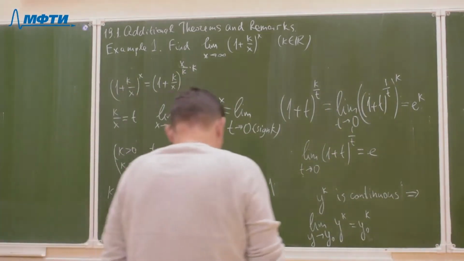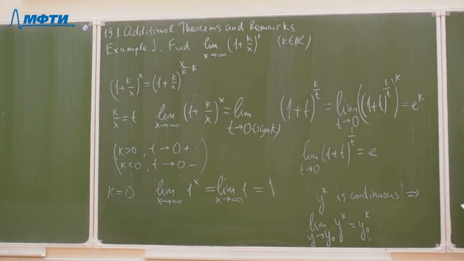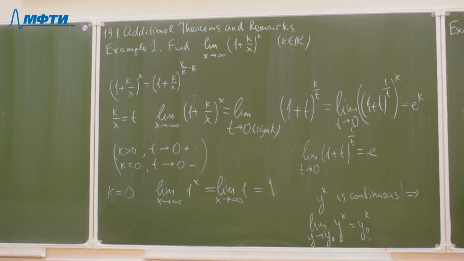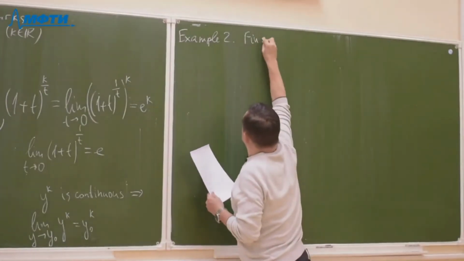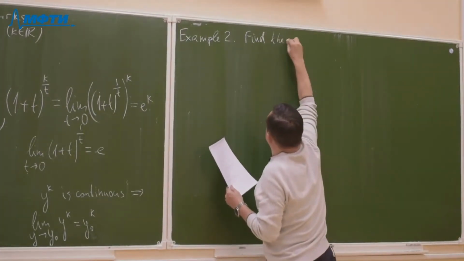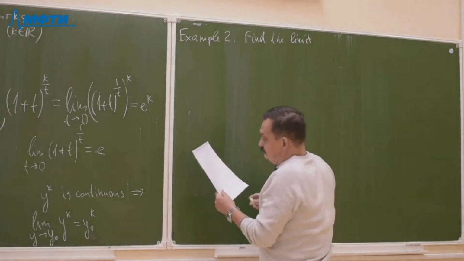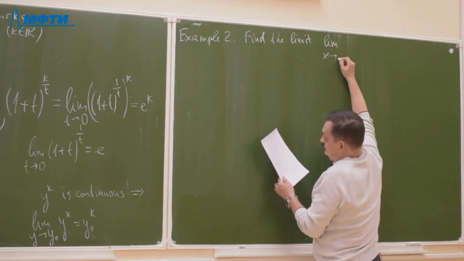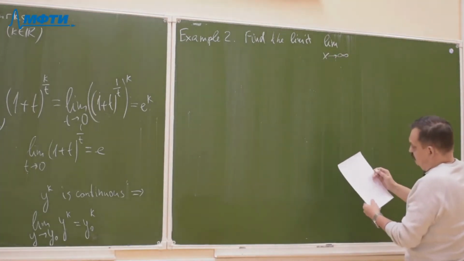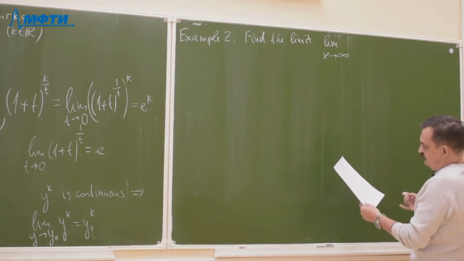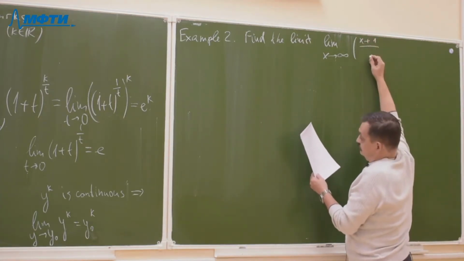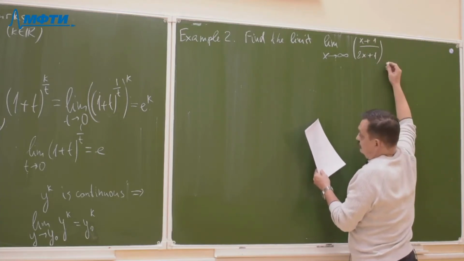Second example. Find the limit as x tends to infinity, which is equivalent to what is written in your textbook, plus infinity, we have no other, of (1 plus 1 over x over 2 plus 1 over x) power x.